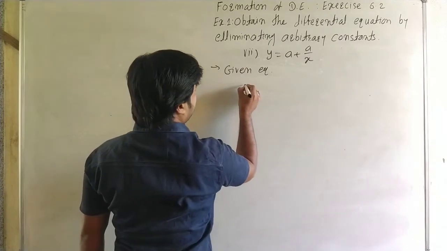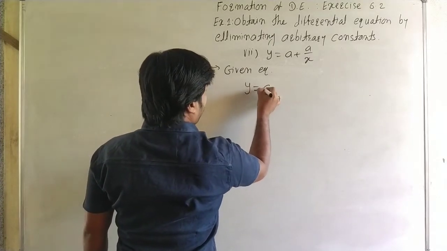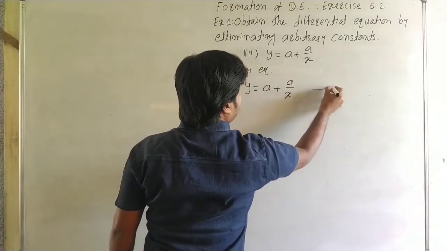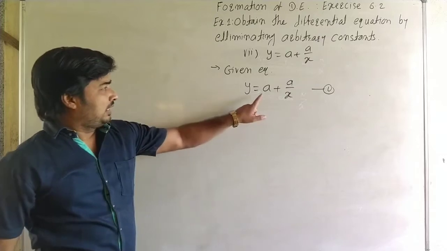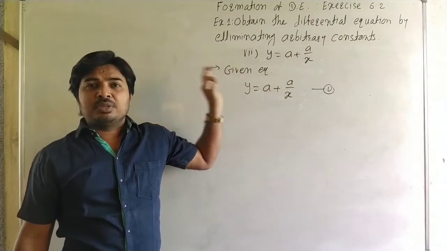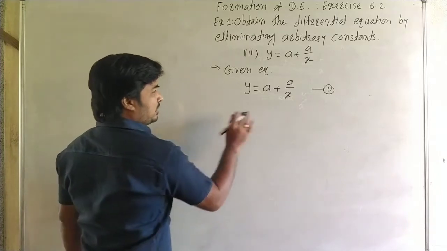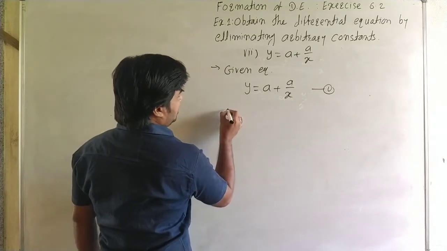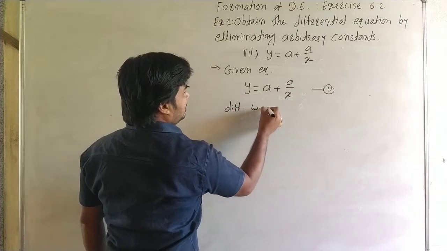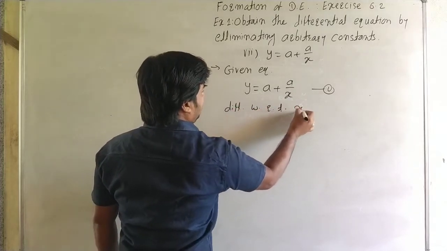Here the given equation y is equal to a plus a by x is equation number 1. Now here there is only one arbitrary constant, that is a. So differentiate with respect to x only one time.